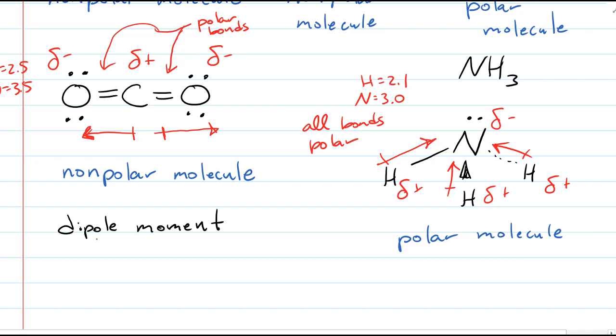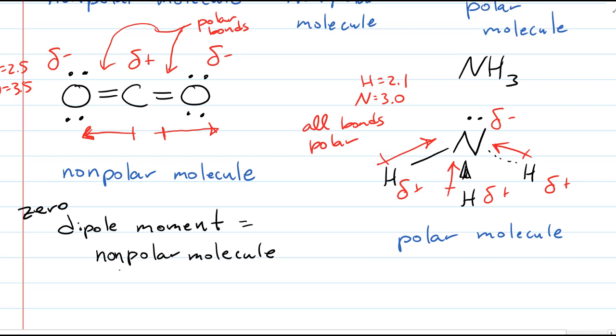If we have a molecule that has a dipole moment, this is the same as saying it is a polar molecule. And if it has a zero dipole moment, that's the same as saying it is a non-polar molecule.